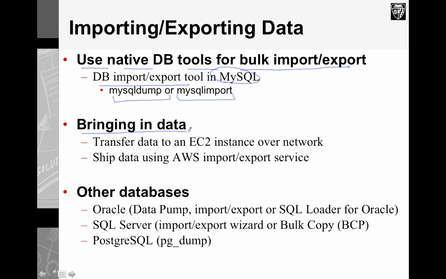If you're going to be bringing in lots of data, you can transfer the data onto an EC2 instance over the network and then use tools like mysqlimport to import the data. When you are going to be importing lots of data, something that you cannot really do over the network, you're welcome to ship the data using the AWS Import/Export service, where you actually send your USB hard drive to AWS and they will actually load it up into an instance.